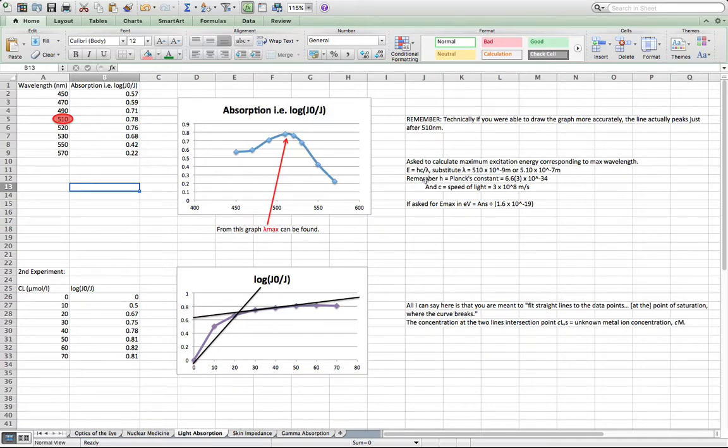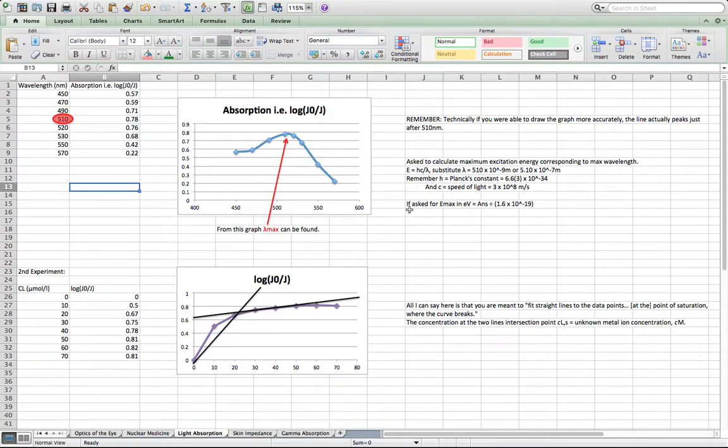And also you have to remember that h is the Planck's constant, written here, and c is the speed of light, which is also a constant, written here. And once that's done, that will give you the maximum excitation energy in joules.